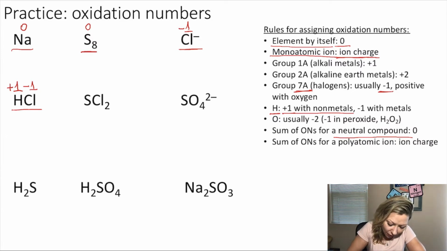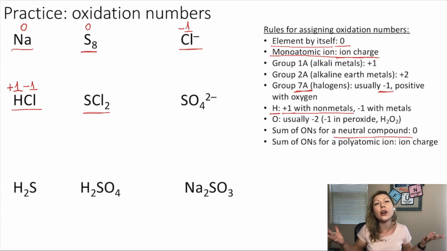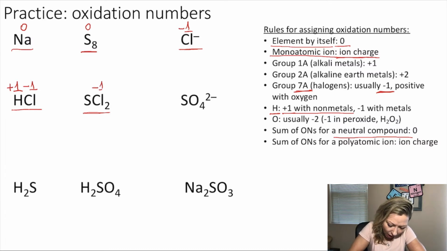Okay, let's move on to the next example. Do we have a rule for sulfur? We don't, right? So we have to figure that out somehow. Do we have a rule for chlorine? We do, right? Chlorine is usually -1 unless it's bonded with oxygen. But in this case, there is no oxygen in the compound, so chlorine is going to be -1. Let's call the oxidation number of sulfur X, okay?